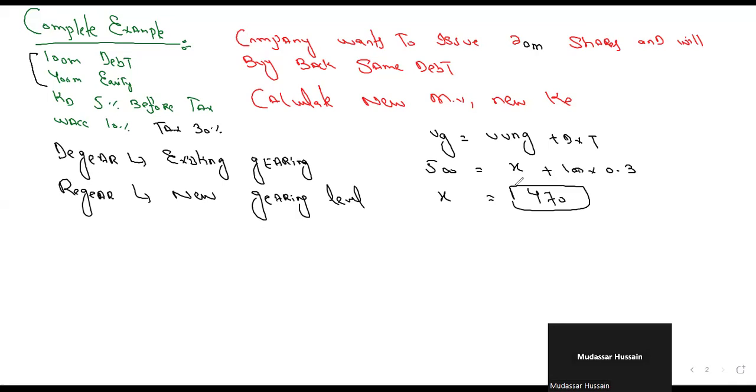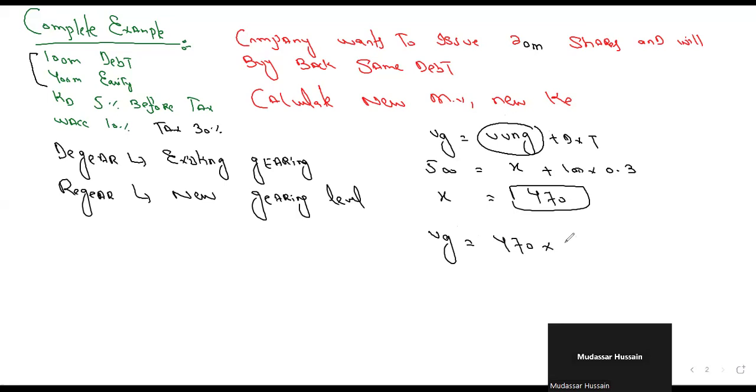Now, what did we do? We de-geared with the existing levels and found the ungeared value. Now we have to find again the geared company value. The ungeared value is now 470.